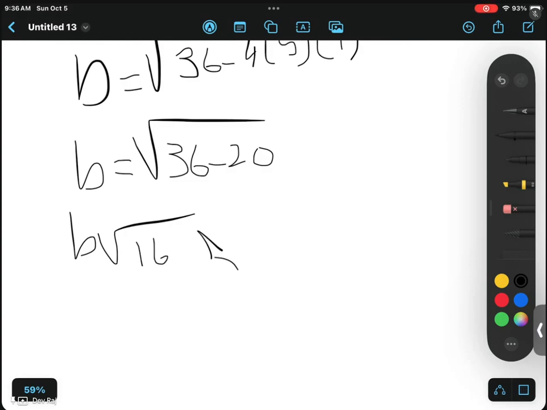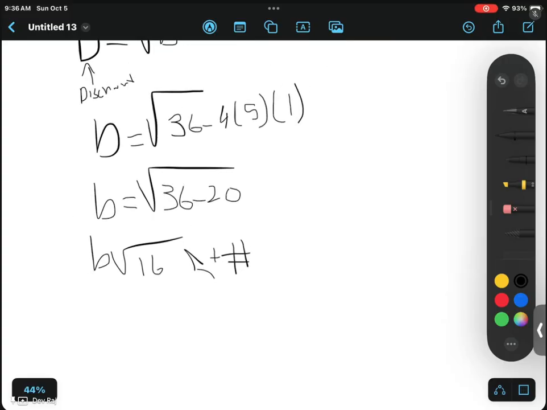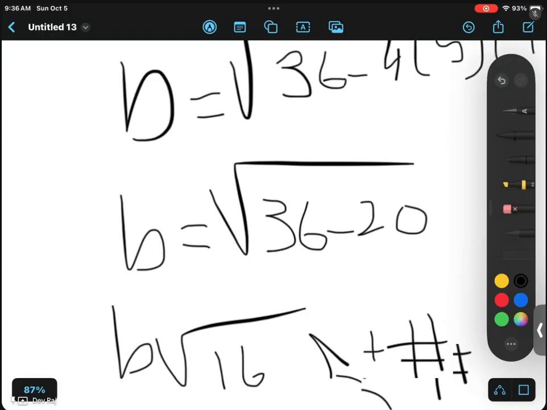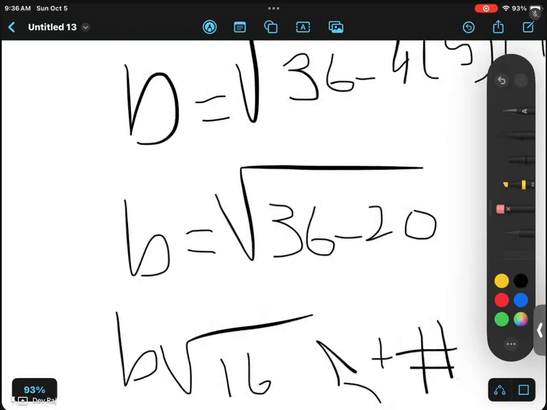This is a positive number. So how many x values do we have then? Oops, this should be a D. Take a guess, guys. How many x-intercepts do we have?